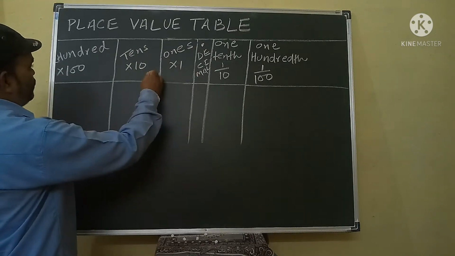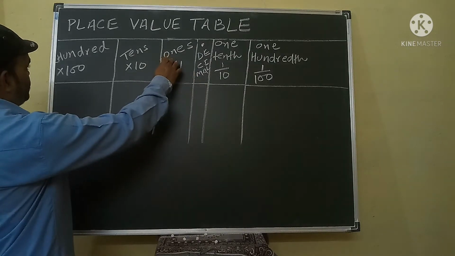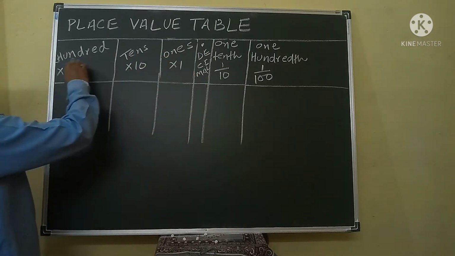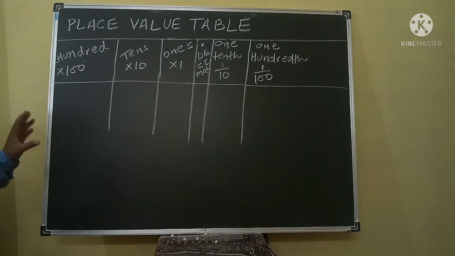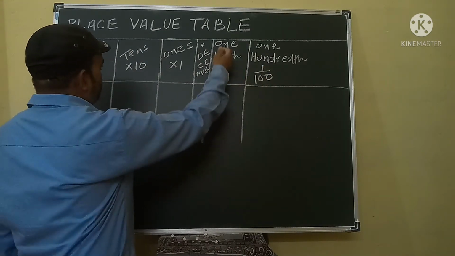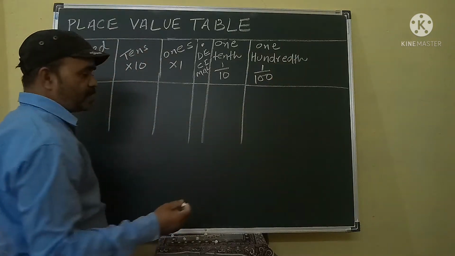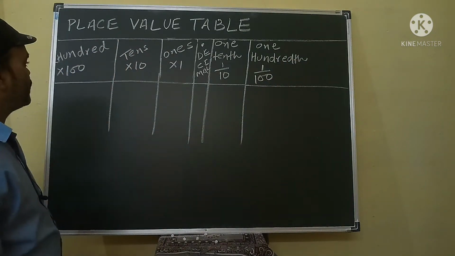That means left side of the decimal is ones, tens, hundred, thousand, 10,000 and so on. And right side of the decimal is 1/10, 100, 1000 and so on.